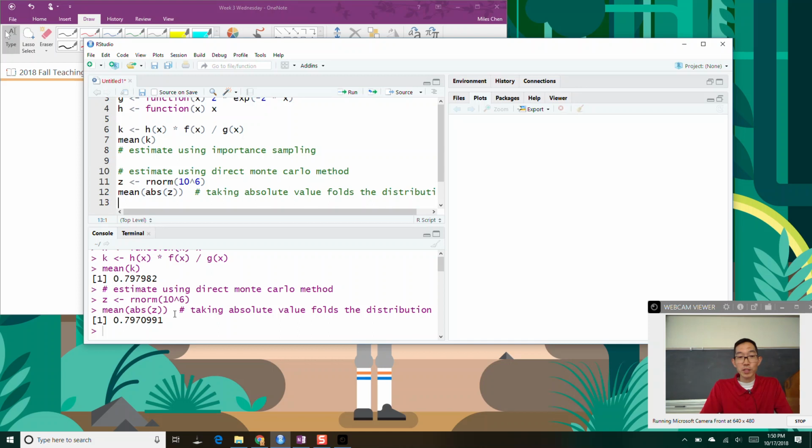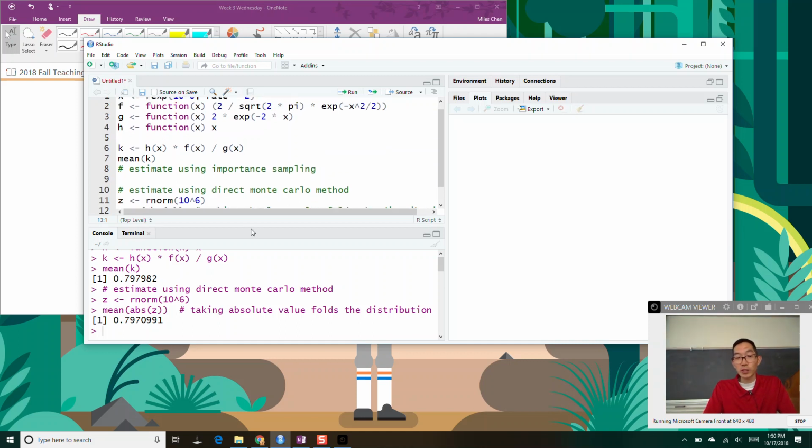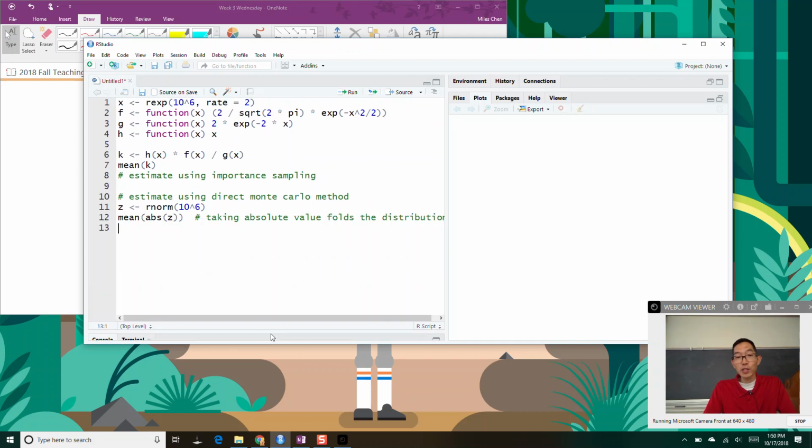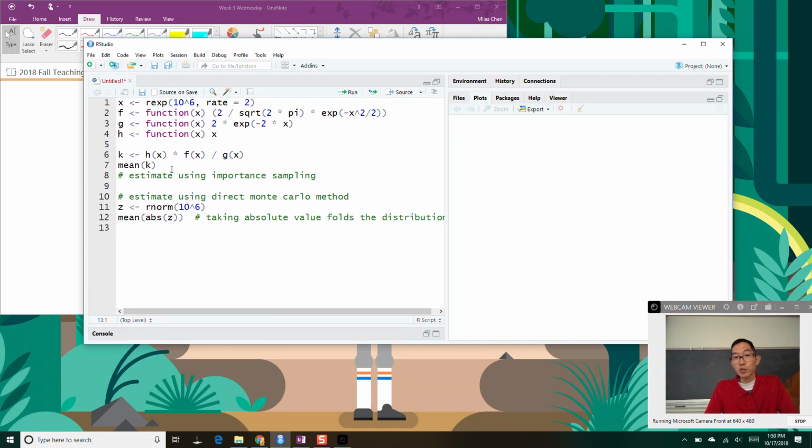Okay, and we get something very, very similar, all right? So one is the importance sampling, and the other being the direct method. They both work, okay? So even though you are not using the true distribution to generate your random values, you still get accurate estimates. Okay, we'll end there.